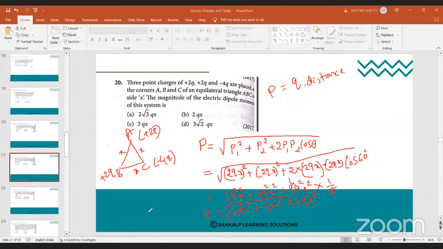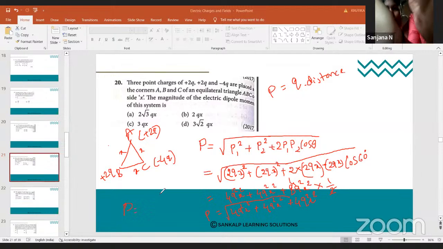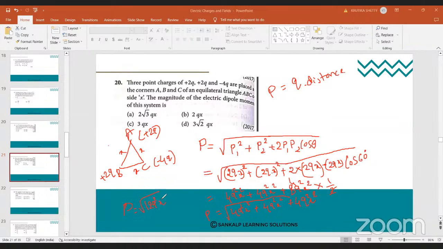So what is 4 plus 4 plus 4? It is nothing but 12 here. Right? Therefore P is equal to under root of 12 q square x square.